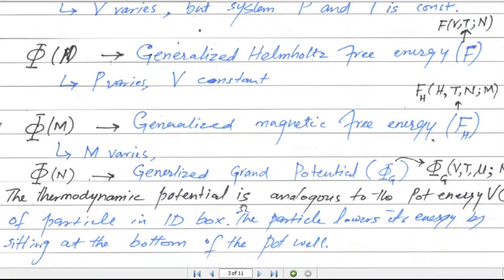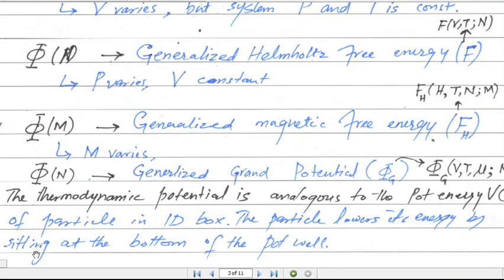If we recall from quantum mechanics, we know that the thermodynamic potential can be thought of as analogous to the potential energy V(x) of a particle in a one-dimensional box. And when we say that the particle is in its lower energy state, we can picture this lower energy state as the particle sitting in some potential at the bottom of the potential band.